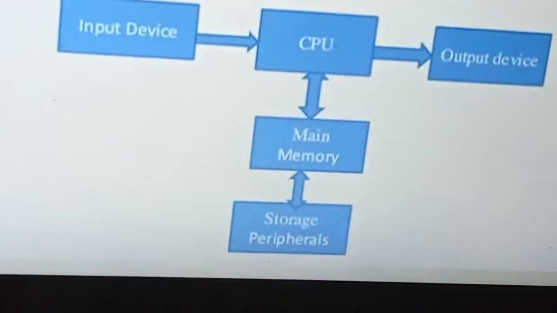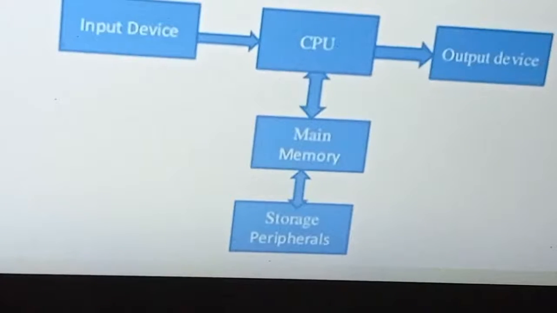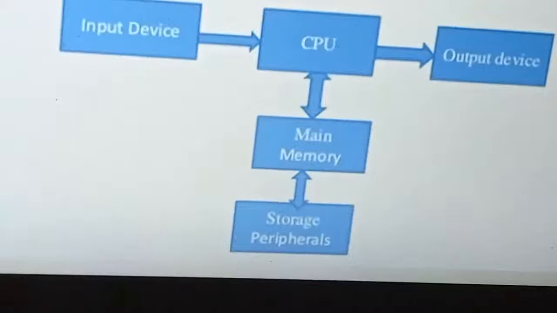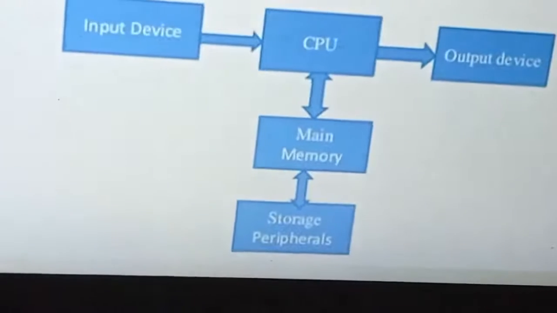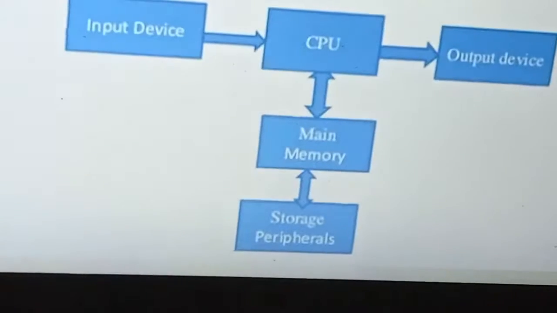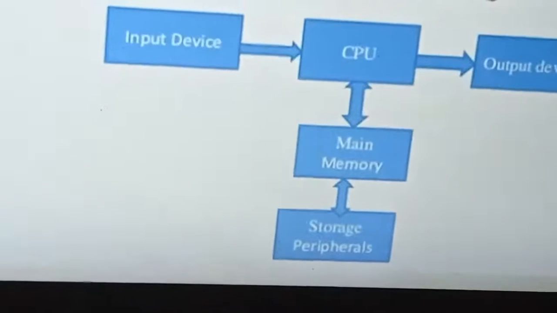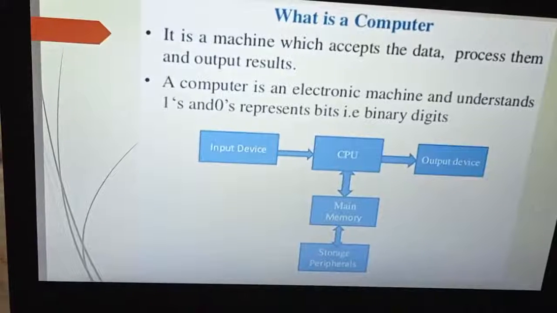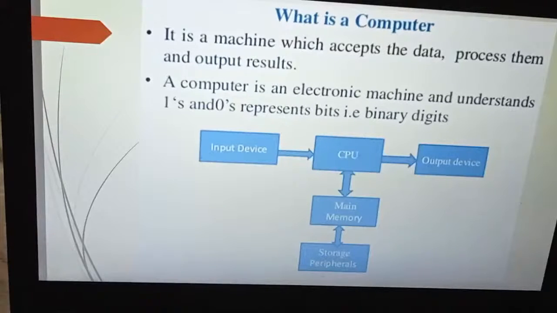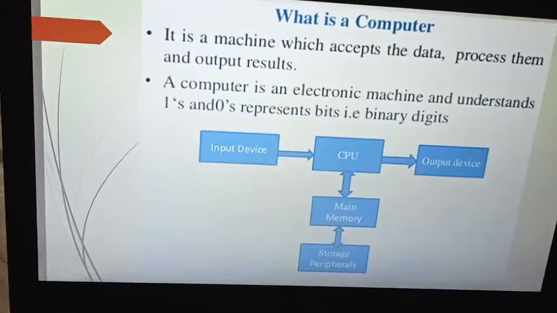Keys, and output devices: printer, plotter, etc. And in the memory, we have discussed primary memory and secondary memory. A computer is a machine which accepts data, processes it, and sends the information to output devices.